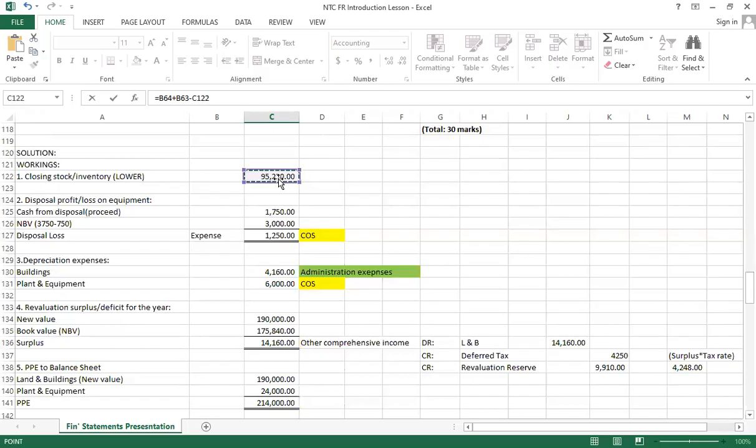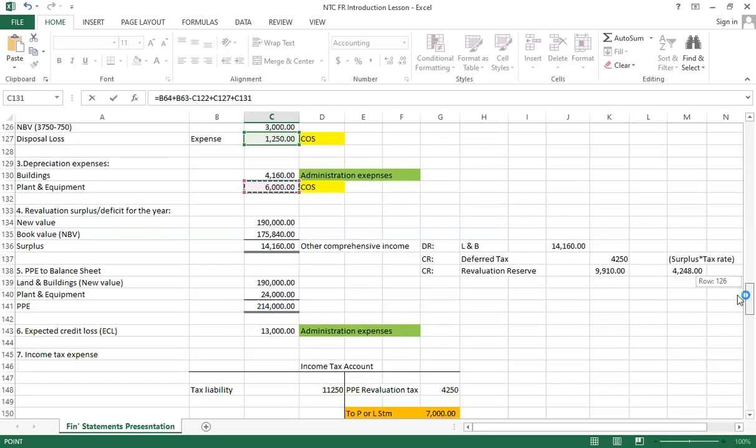And then you have to remember in the workings we had said that certain expenses go to the cost of sales. So we say plus. One of them was Working 2, the disposal loss, and then plus also Working number 3, the disposal on plant and equipment. I don't know whether we have another one.